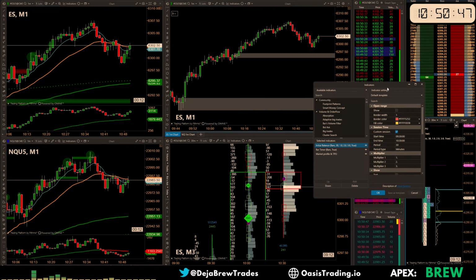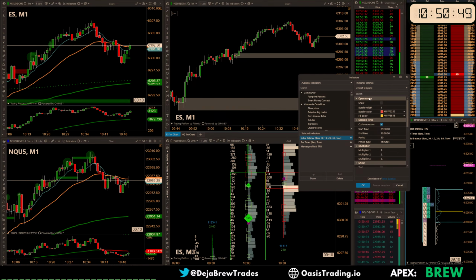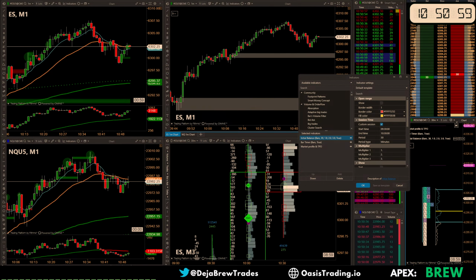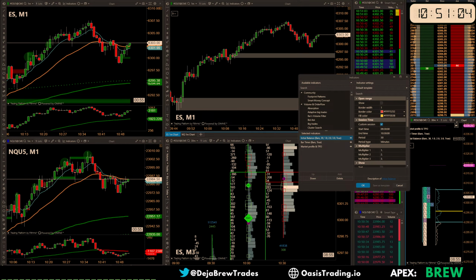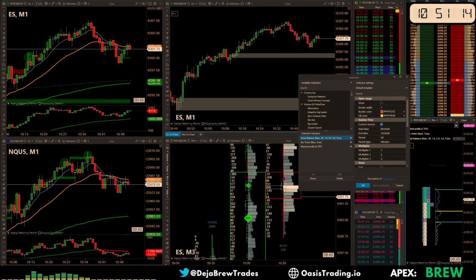Is it taking the... It might be taking the value area instead of the actual initial balance. Let me see. No, it's not taking the value area. It's taking the normal level.